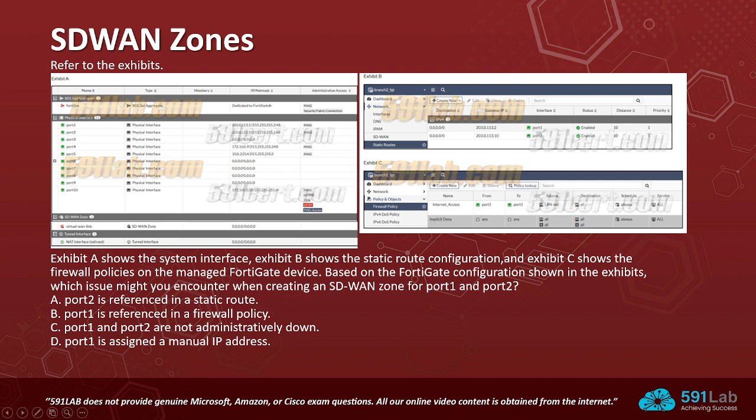We have the static route. Yes, that is no problem. And if we take a look at the firewall policy, we can see that we have an issue there. Let me use a pen. On this policy, we have port 1 that is being used, and we can't make a configuration of an SD-WAN zone with this interface. So our answer is option B.